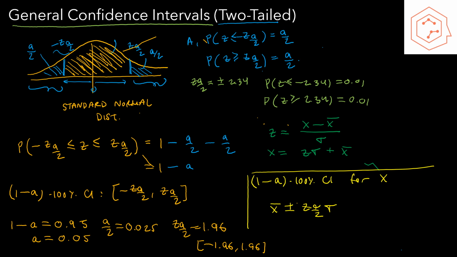And if you want that in interval format, it comes out to the mean minus zα/2 times the standard deviation, all the way to the mean plus zα/2 times the standard deviation. So this interval will contain (1 minus α) times 100% of all points, and you can control the percent by controlling what α is.